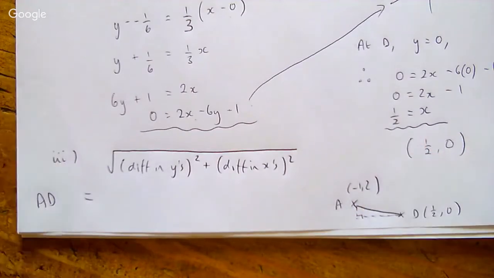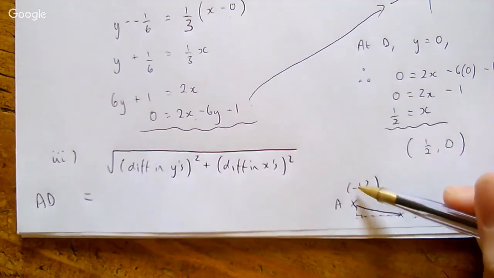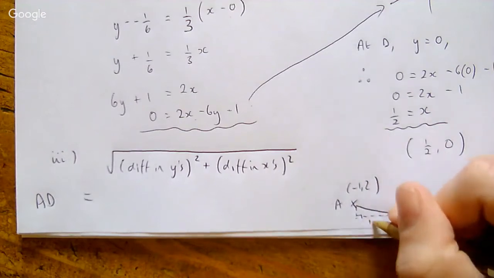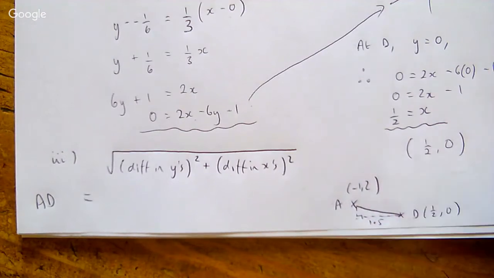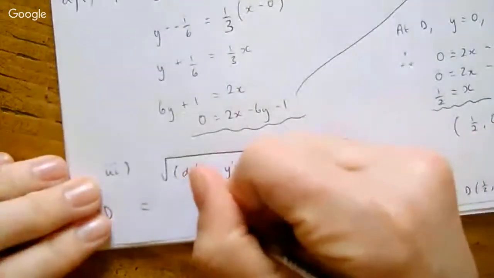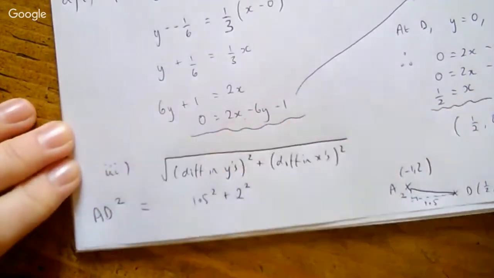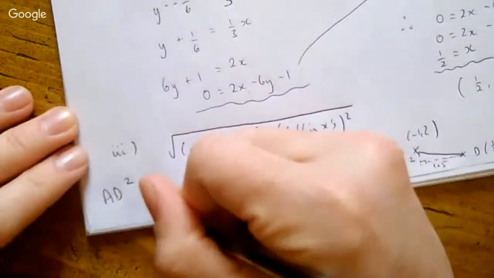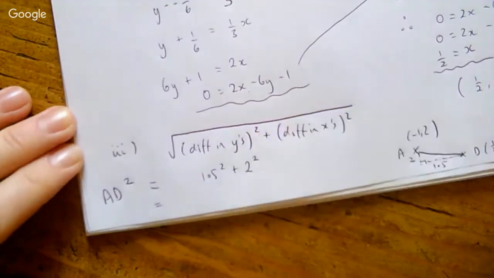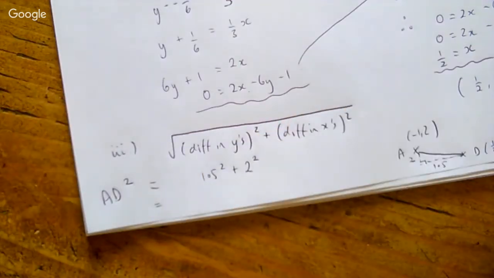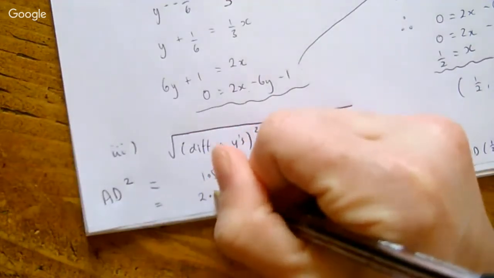So I'm going to try and use a bit of Pythag there. If I'm on minus 1 and I've gone to a half, that's a distance of 1.5. And if I'm on 0 and I've gone up to 2, that's a distance of 2. So it's going to be 1.5 squared plus 2 squared is equal to AD squared. I know 15 squared is 225, so 1.5 squared should be 2.25.